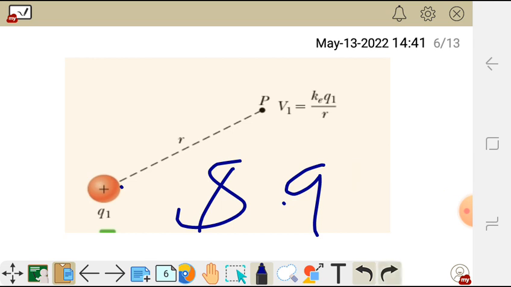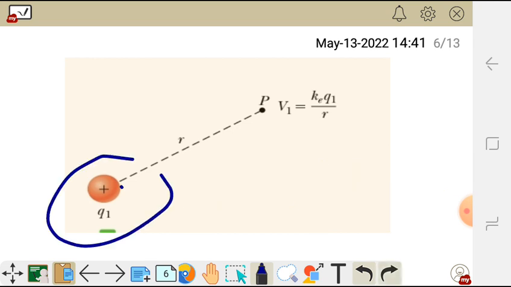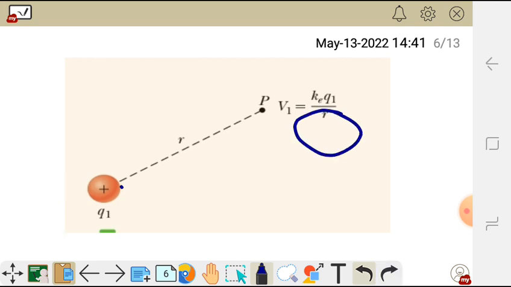Q1 is the charge, and r is the distance which separates the point and the charge.